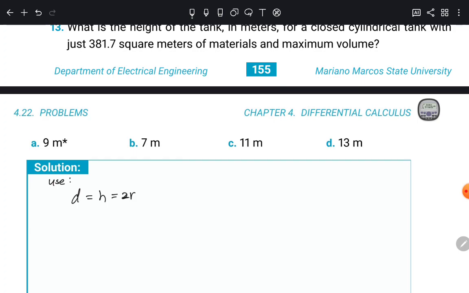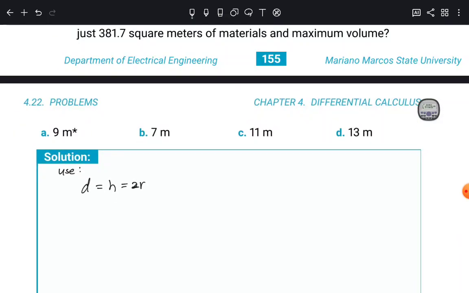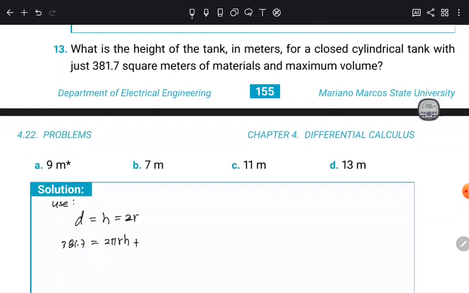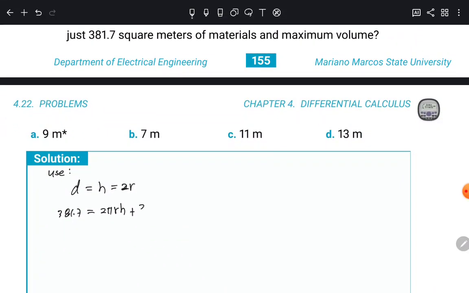So if you solve for the area, because the area is given, area is 381.7 square meters. This is equal to 2 pi r h. That's the lateral area plus the area of the base and the top of the cylindrical tank. Then that will be twice pi r squared. Then if you know that h is equal to twice r, this will be equal to 2 pi times 2r times r plus 2 pi r squared.